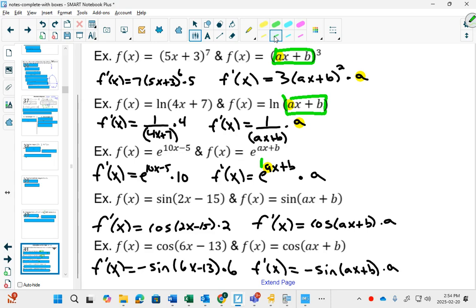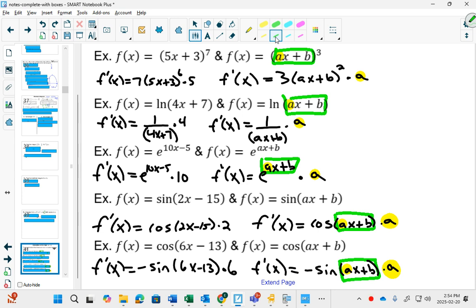Every single time that you have a line inside, if you did the chain rule, because of this a, even though all of this other stuff is inside, the derivative of that will just be a.